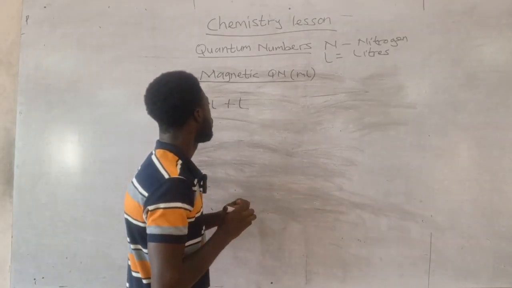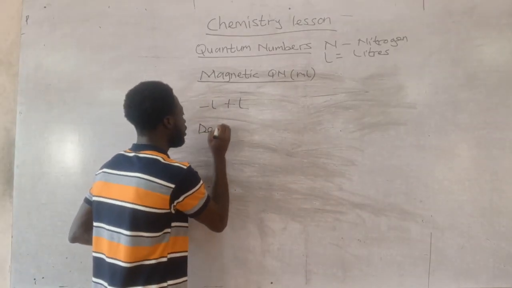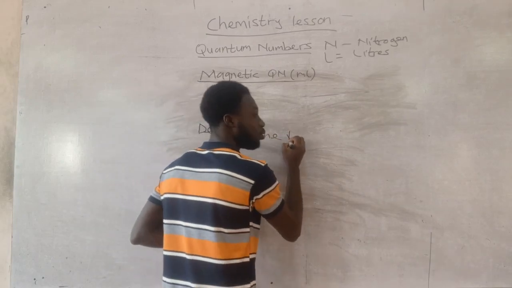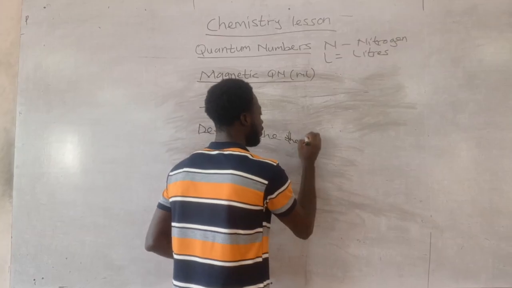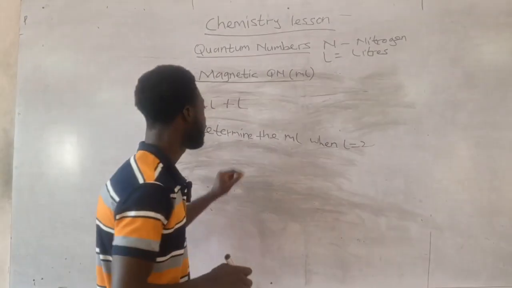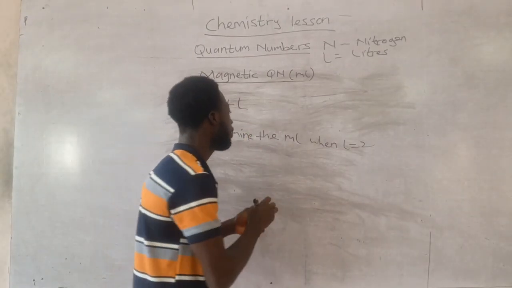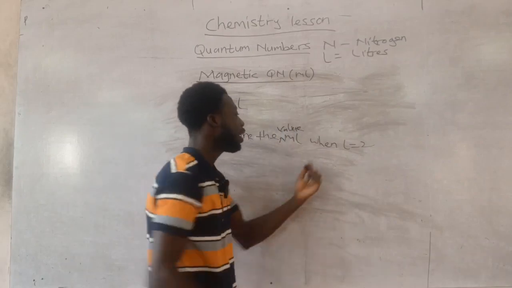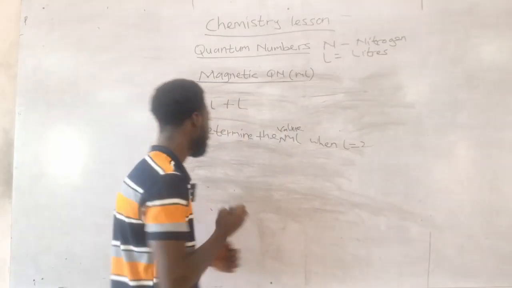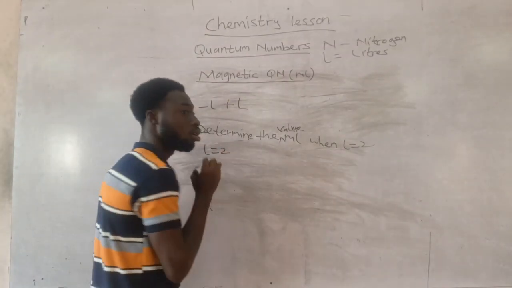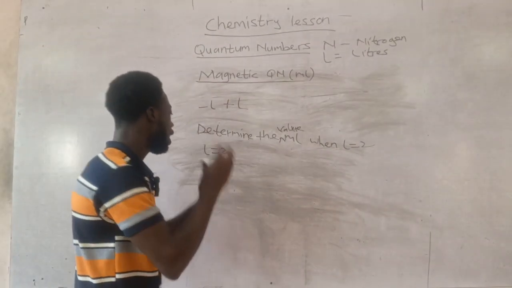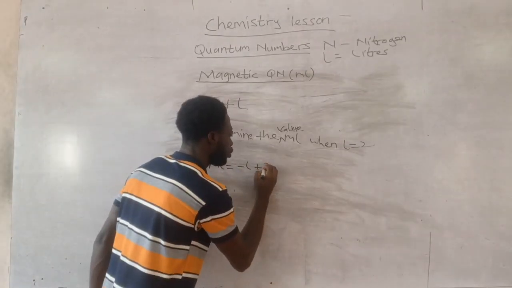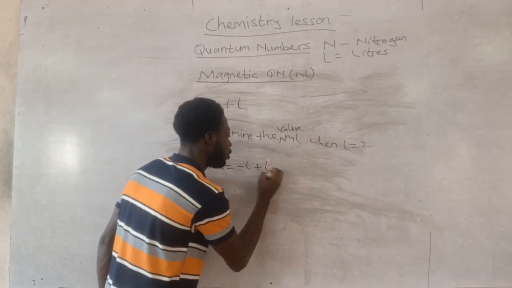All right, so let's take an example so that you can get an understanding. Determine the value of ml when l is equal to 2. I told you that ml ranges from negative l to plus l.